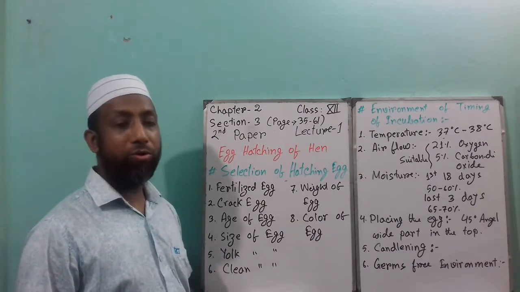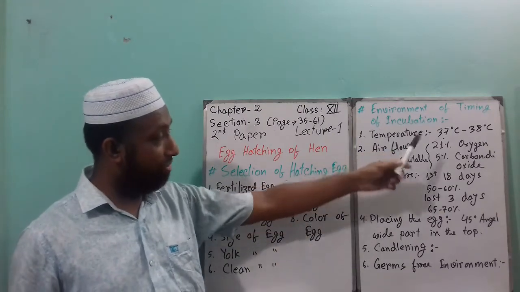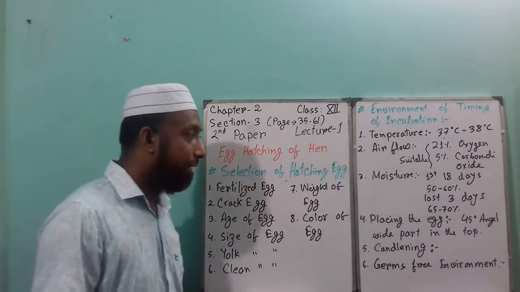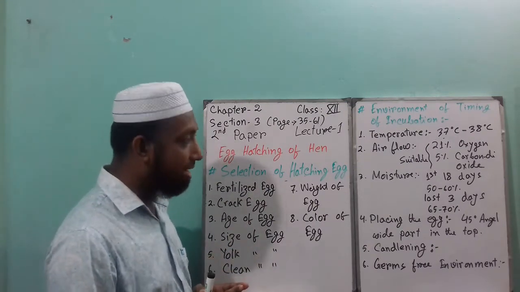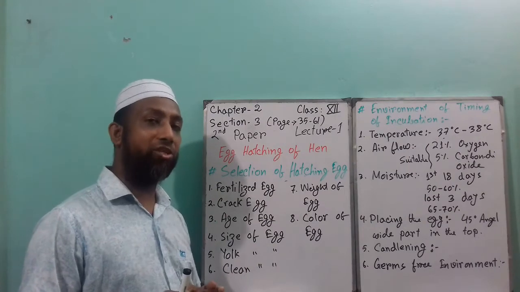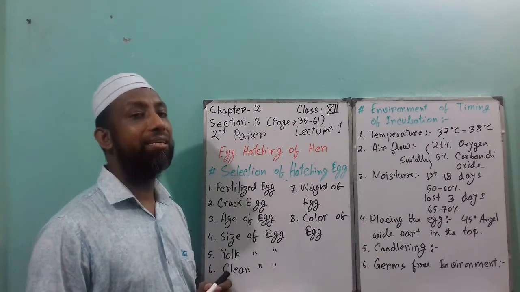So when you are doing the process, we should follow the temperature as well as the airflow. And what will be the moisture? We all know that for chicken egg hatching, they need about 20 to 21 days.